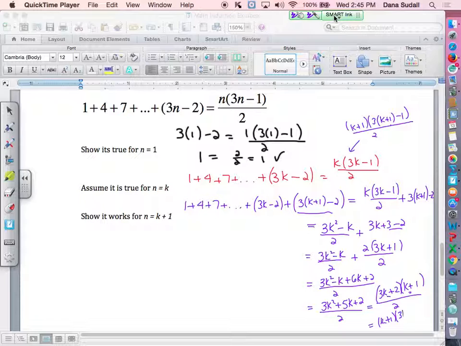And that 3k plus 2, if I rewrite that 2 as a plus 3 and a minus 1, I can factor that 3 out of both of those terms. So I can make that 3 times k plus 1 with that minus 1, and then the divide by 2. And that's exactly what I wanted that thing to equal.